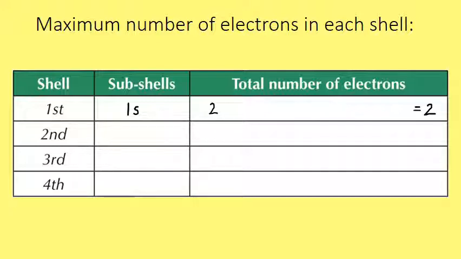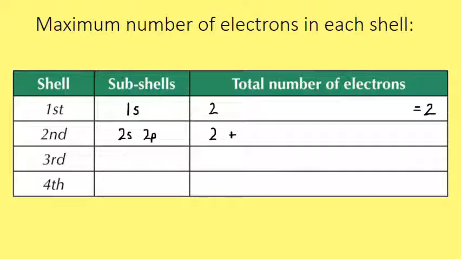And it's for the second shell. We now know that in the second shell there is an s orbital and there are p orbitals, right? And we know that there are 3 p orbitals. Okay, so we've got the 2 electrons from the 2s orbital or the 2s subshell, right?